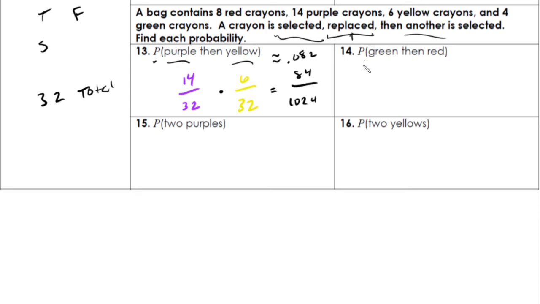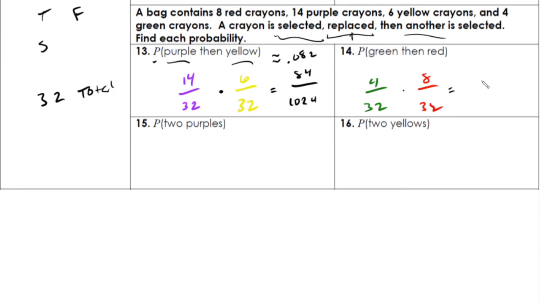Next up, what's the probability you pick a green and then a red? Well, a green has got a 4 out of 32. And then the probability of selecting a red is 8 out of 32.